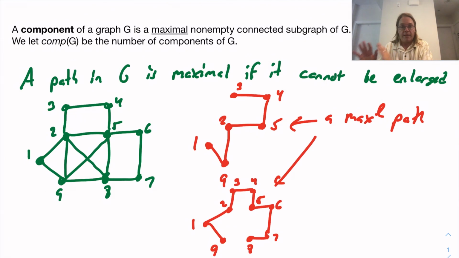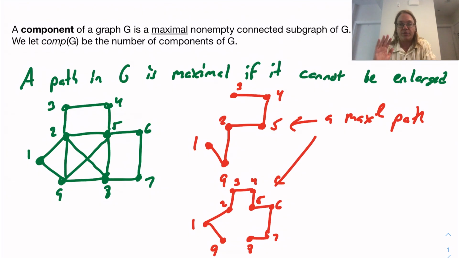So in this setting, I'm talking about paths in a graph. These two are subgraphs. They are paths. They are both maximal for the reason that you cannot enlarge them and stay within the class of paths, right? I'm talking about paths that are as big as they can be, that cannot be enlarged while staying paths.